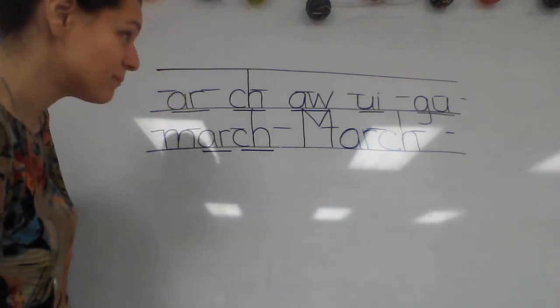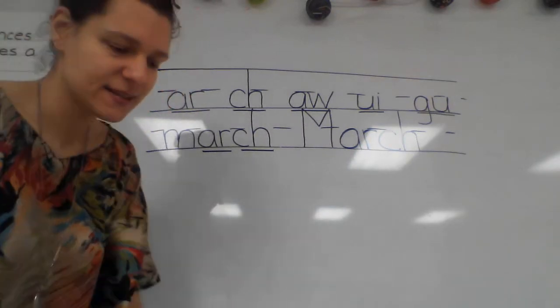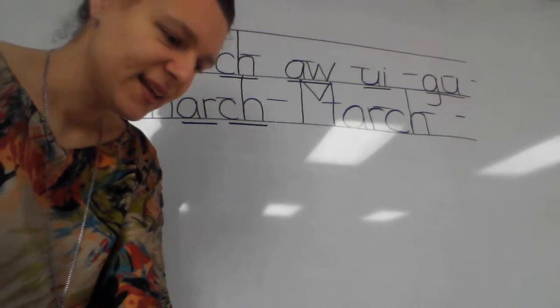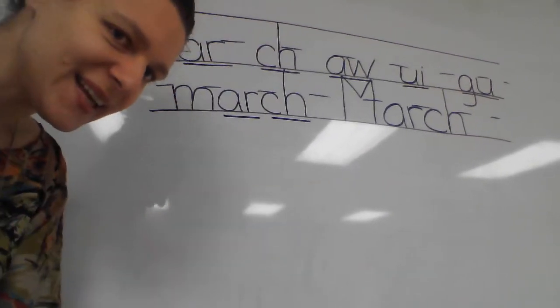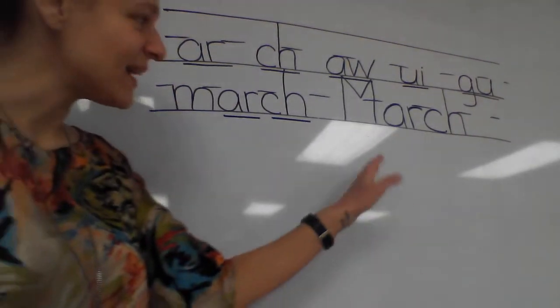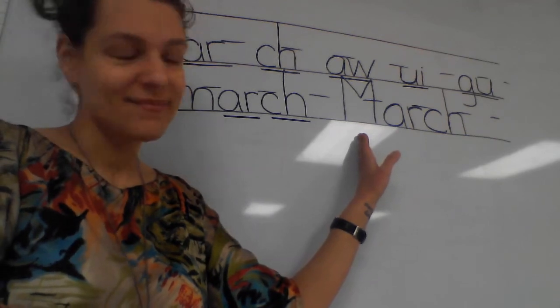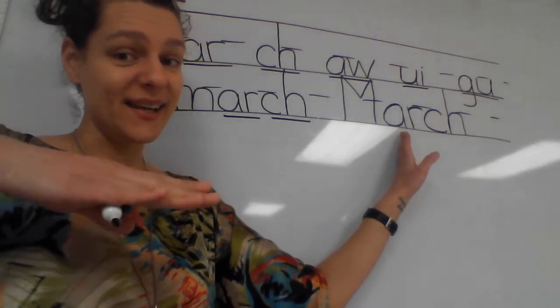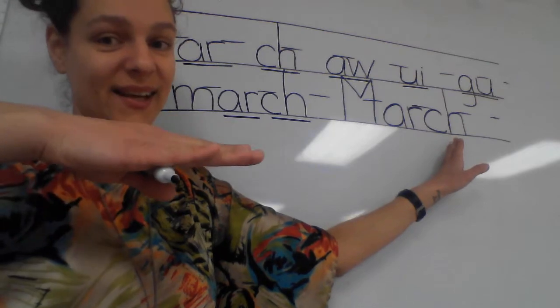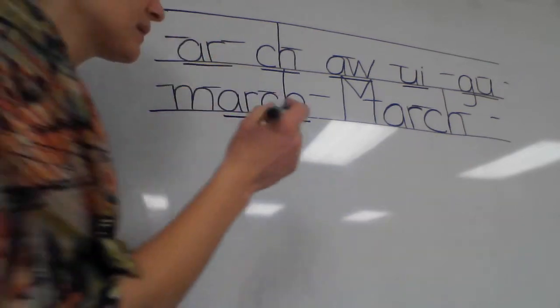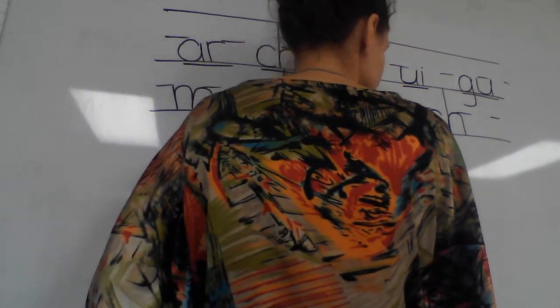All right, so make sure your month, March, looks like this. That glare, let's get it out of the glare so you can actually see it. All right, class, does this need a marking? How about this? Good. And this? Good. All right, pick up your pencil and mark it.